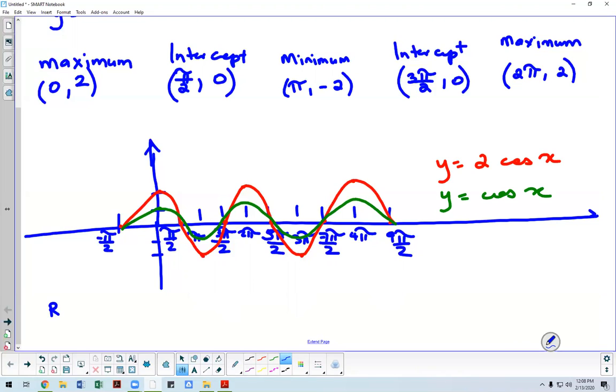Yeah, so for the 2 times cosine function, you are going to be going from -2 to 2, and what kind of brackets, parentheses do we use? Parentheses or brackets? Is it brackets? They are brackets because you actually do have points at -2 and 2, so you are including your endpoints in this case.